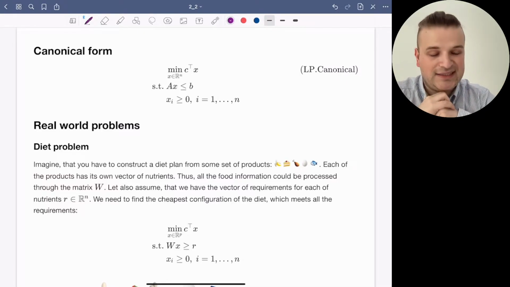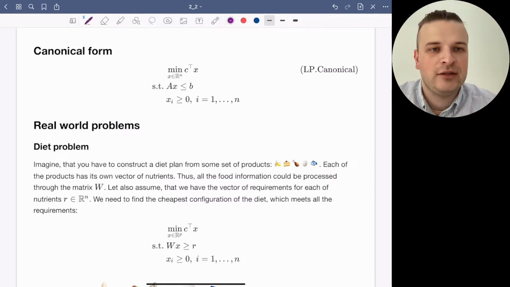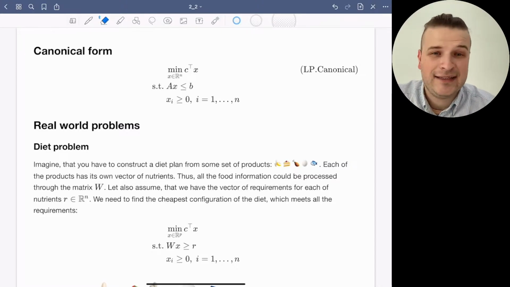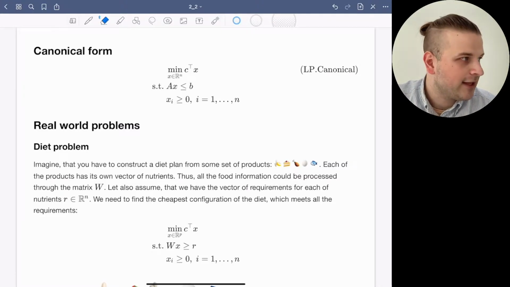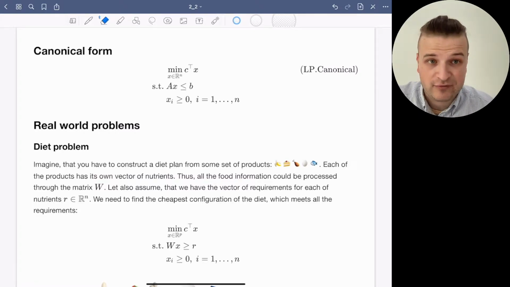But typically nowadays we do not have these strict restrictions on the form that you need to put to your solver. Typically it can handle a very huge variety of formulations. That's why it doesn't matter for us.